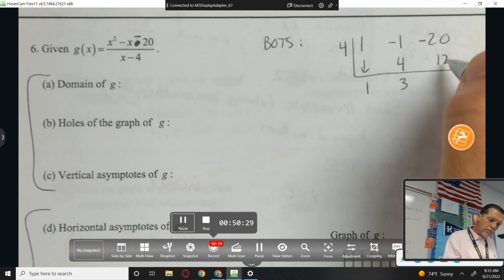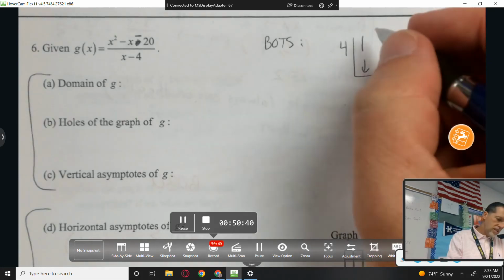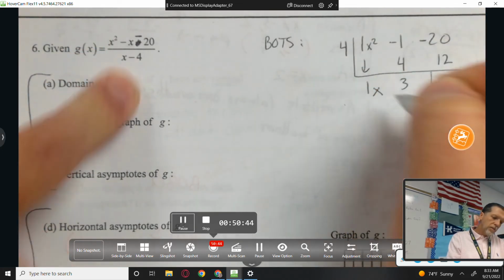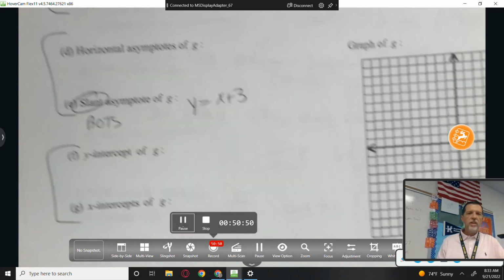Negative 20 plus 12 is negative 8. Although it wouldn't really matter how bad the remainder is, because for these problems we just throw away the remainder. All we care about is the first stuff. So we started with an x squared, divided by an x, we're down to an x. So x plus 3 is our slant asymptote.